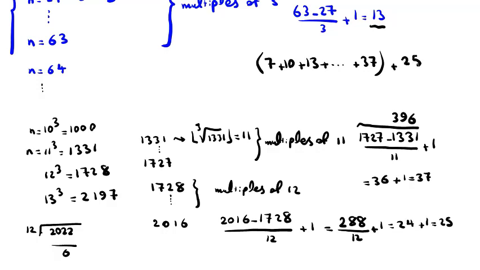Now here, 25. Now we should calculate this number. Here we can say it is an arithmetic sequence: the first one plus the last one over 2 times the number of terms.